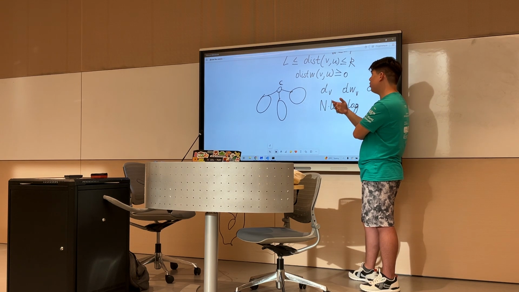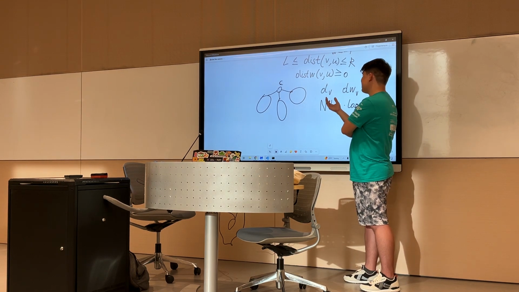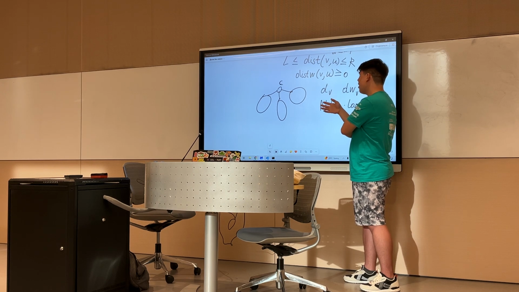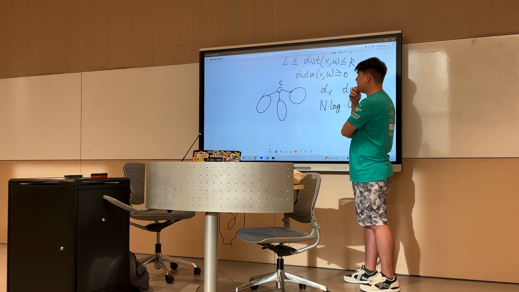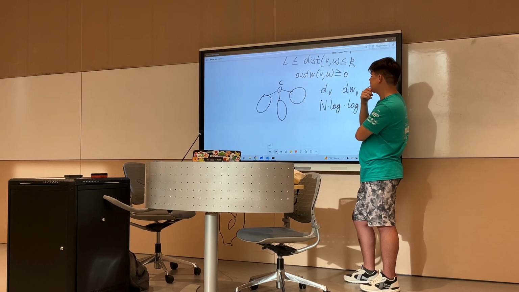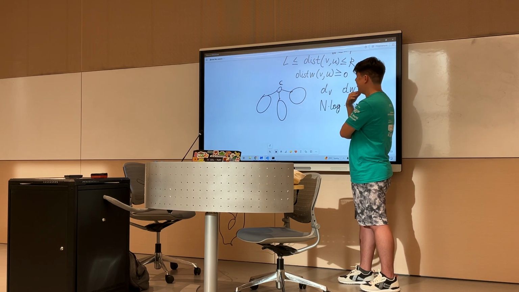The first maximum is the actual maximum, and the second is the second maximum, but its color needs to be different from the first maximum's. A second unique maximum, yes. But I don't know how to do this in linear time. I know how to do this with sets, but I don't know how to do this in linear time. Maybe we need to store two queues, but it sounds very bad.